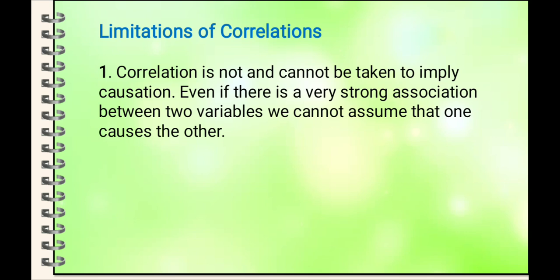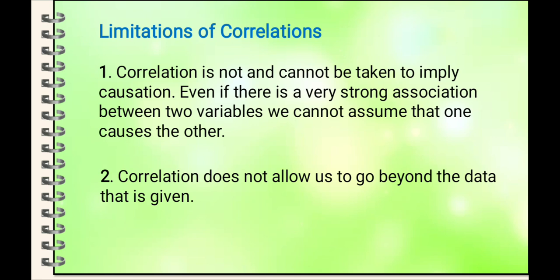For example, suppose we found a positive correlation between watching violence on TV and violent behavior in adolescents. It could be that the cause of both of these is a third or extraneous variable. Say, for example, growing up in a violent home, in that both the watching of TV and the violent behavior are the outcome of this.